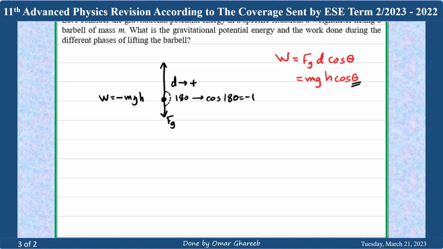And if you want to lower some object from a point up to down here, the distance is downward, it is negative, and the force of gravity is downward as well. So the angle between D and F is 0. Cosine 0 is 1. So the work done by the gravity is positive mgh.